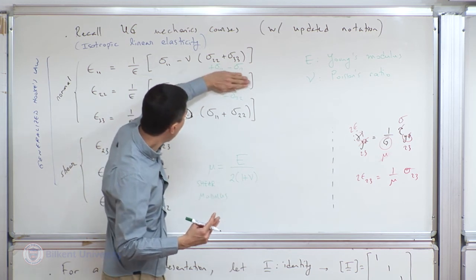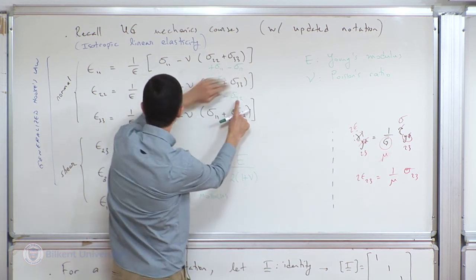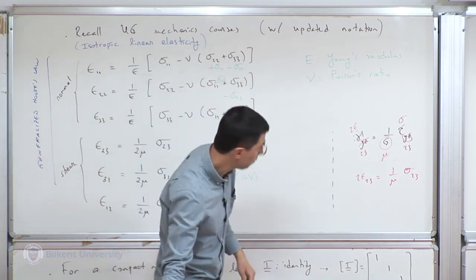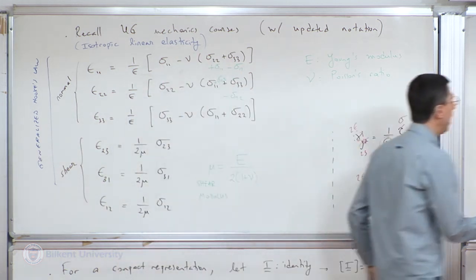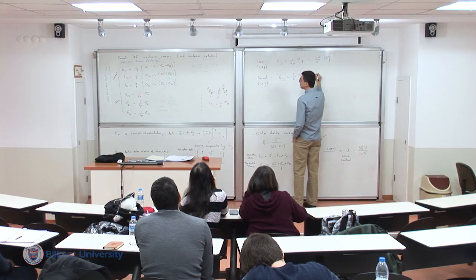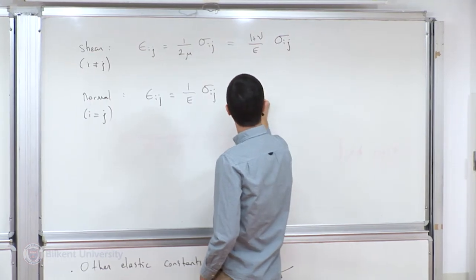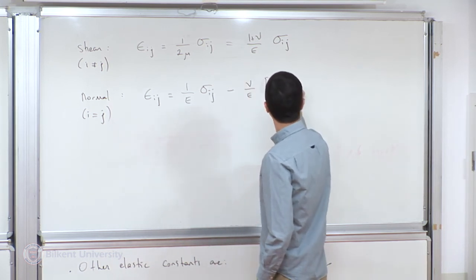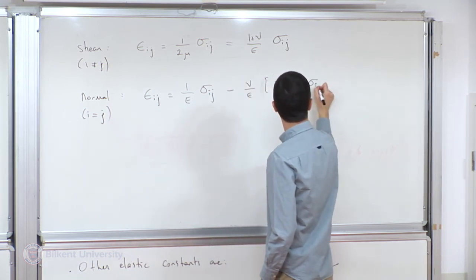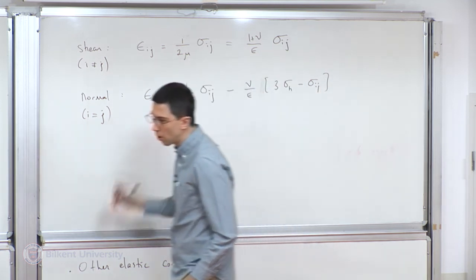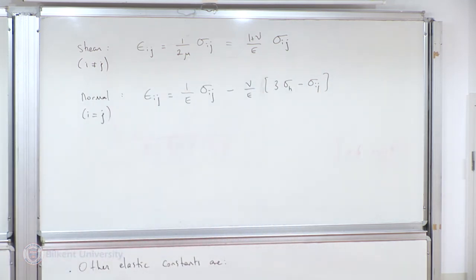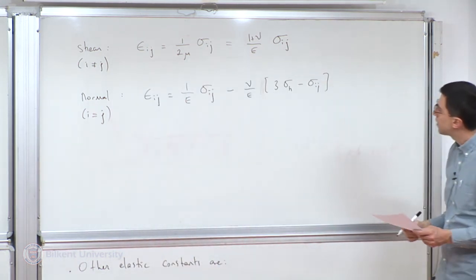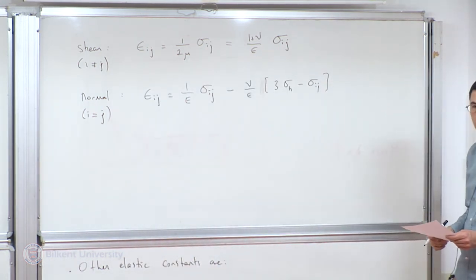And now 3 times the hydrostatic stress minus the component I'm interested in. So in every case, I can write the remaining part as minus nu over E times (3 sigma h minus sigma ij). This is my small trick for explicitly inserting sigma ij in there. Okay. All right.